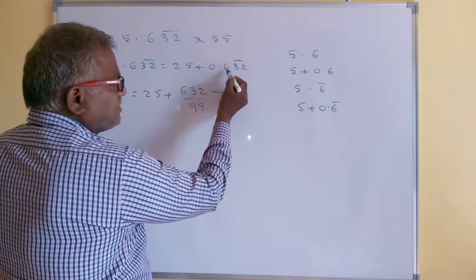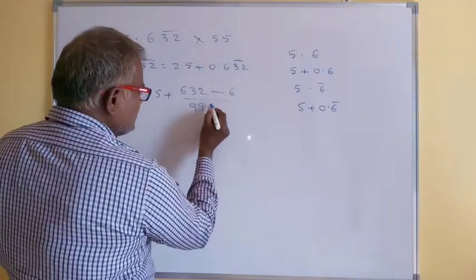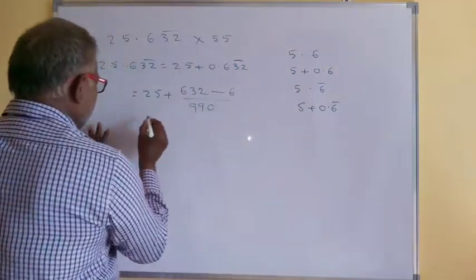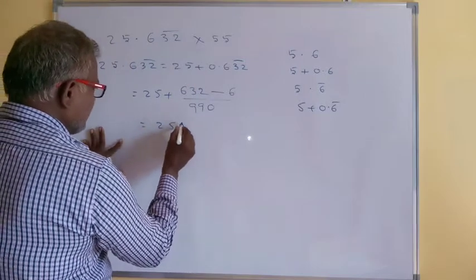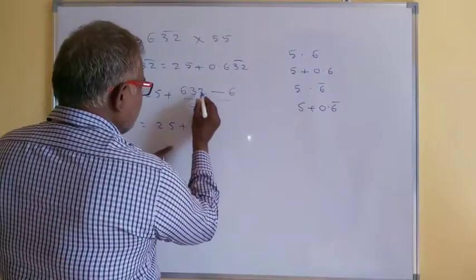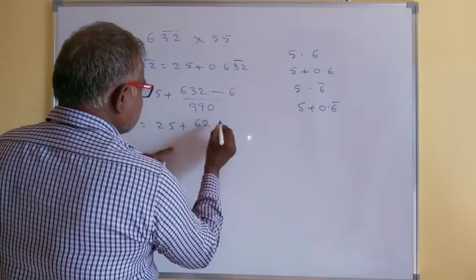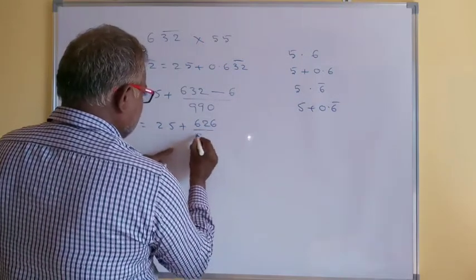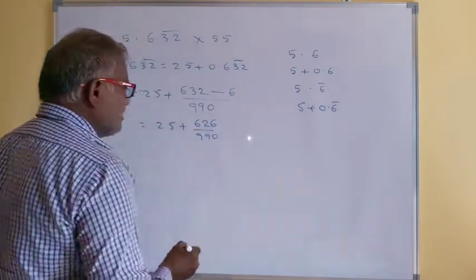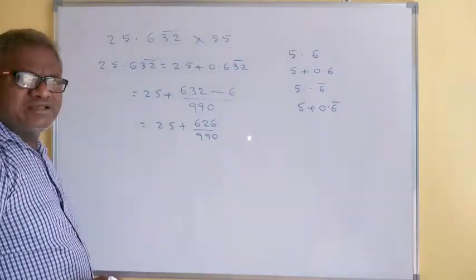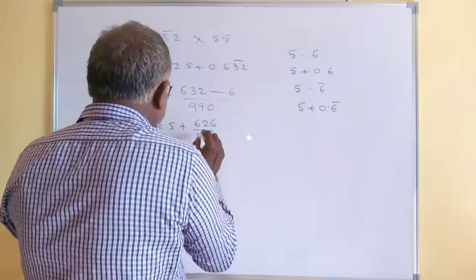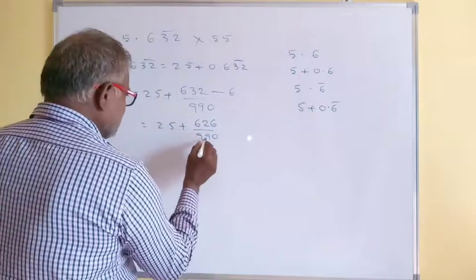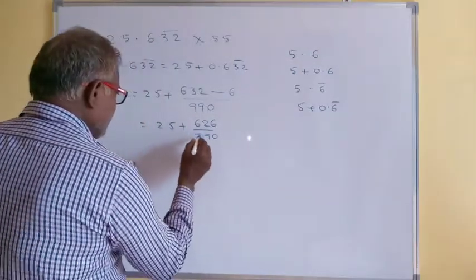The number of non-recurring digits is only 1, so put only 1 zero. That means 25 plus, clearly, 626 by 999. So let us cancel this one, or else we just have to multiply with this one.